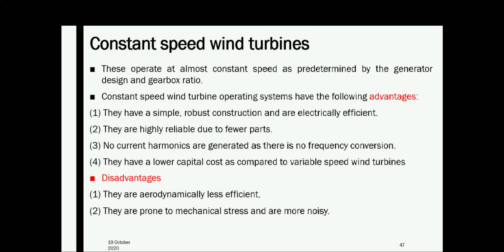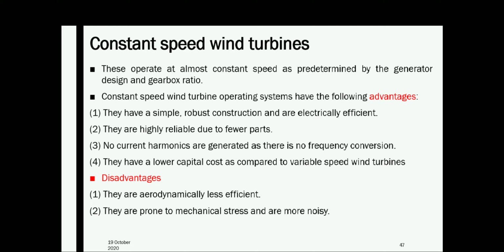These constant speed wind turbine systems have the following advantages. They have simple, robust construction and are electrically efficient. They are highly reliable due to fewer parts. No current harmonics are generated as there is no frequency conversion in constant speed wind turbines.